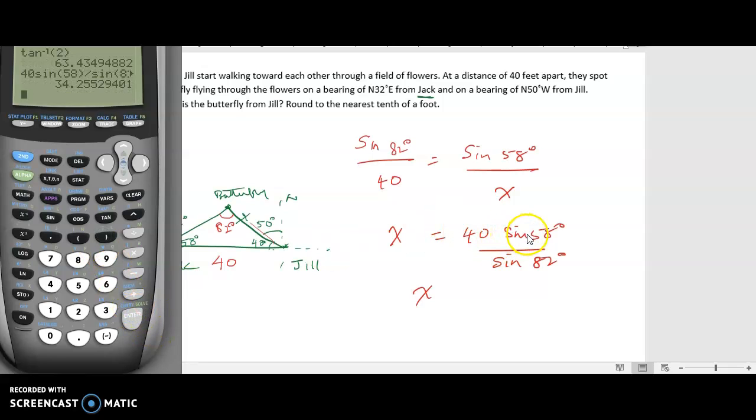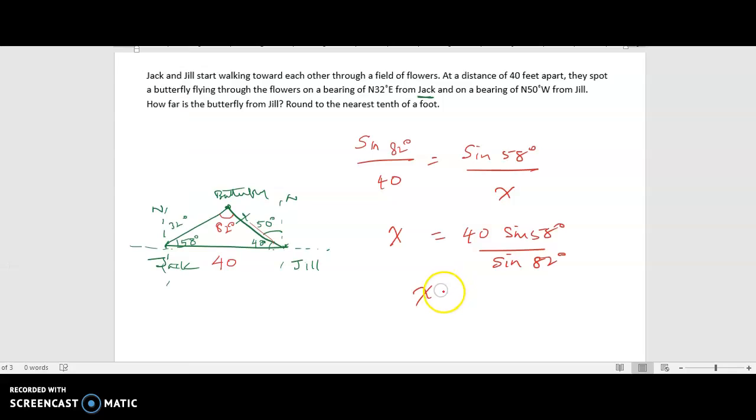And you'll get 34.255. We'll round it off to the tenths. It'll be 34.3. How many is it? Feet. So this is 34.3 feet. That's the answer. I believe the next problem, the John and Katie problem, is also a similar one.